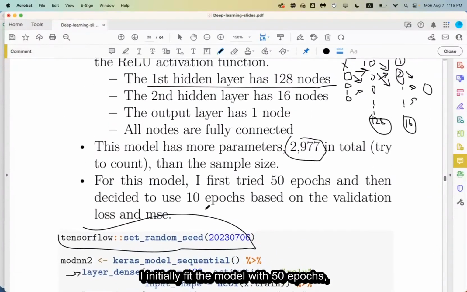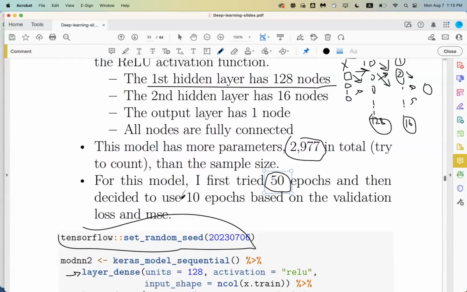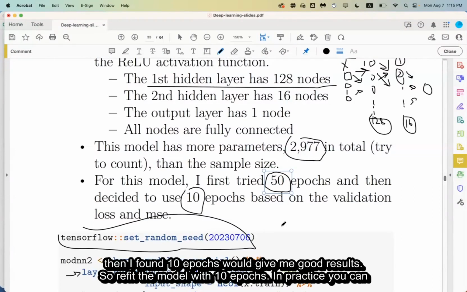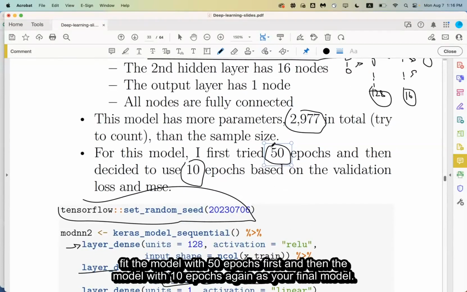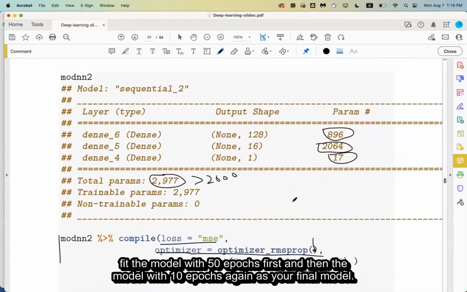I initially fit the model with 50 epochs, and then I found 10 epochs would give me good results. So I refit the model with 10 epochs. In practice, you can fit the model with 50 epochs first, then fit the model with 10 epochs again as your final model.